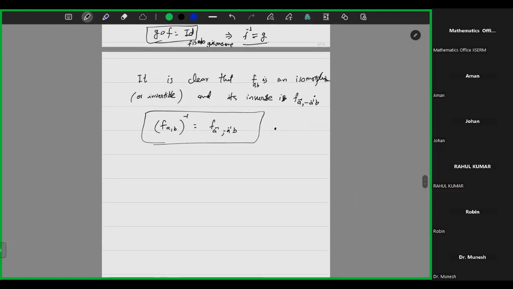So let's see the second question, what it says. Let K be a field and A, B belonging to K with A not equal to 0.